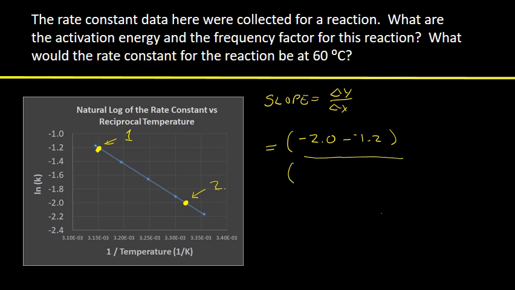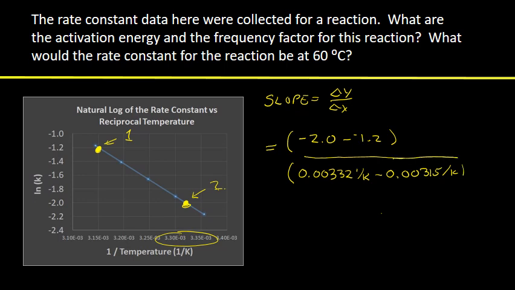And in the denominator, you probably can't read these numbers here, but if you make your own graph, you should be able to see these numbers, and this is 0.00332 reciprocal Kelvin here. And if we look at this one over here, this is minus 0.00315 reciprocal Kelvin.